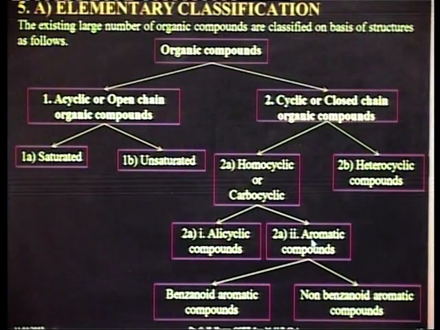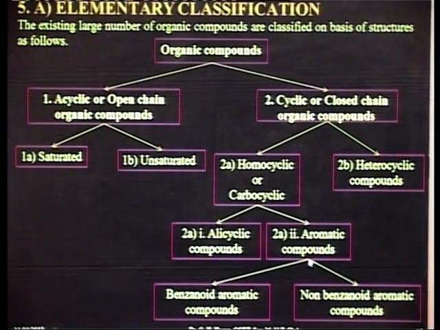Aromatic compounds, the word aroma means sweet smell. It is a misnomer, because in the earlier days it was found that most of the organic compounds which have ring structures have a sweet smell. Therefore, they called them aromatic compounds, but the definition has now been changed, and the name has been retained.